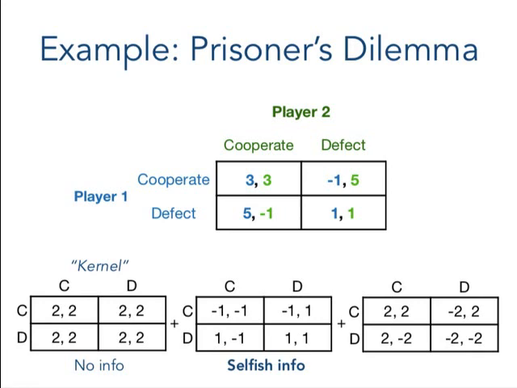Let's say player two is fixed playing cooperate or defect. If you switch between cooperate or defect, is there any incentive for you to change your strategy? No. So all of that information, all of that individual level incentive, is contained in this middle component, in this selfish info component, which the authors called the Nash or strategic component.